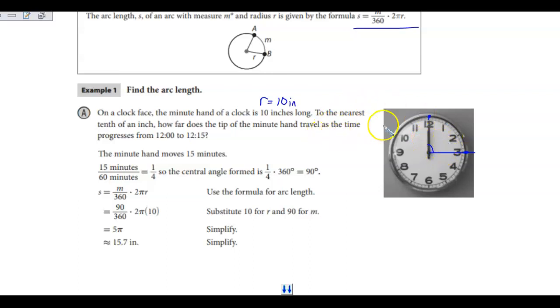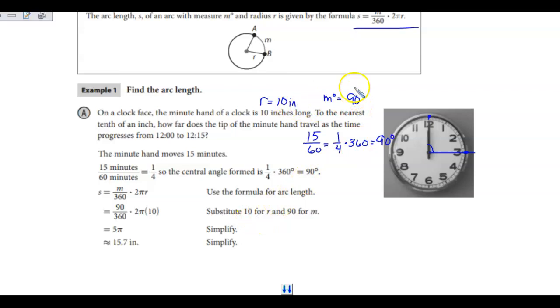If I go from 12 to 12:15, it's 15 minutes. If it goes all the way around, it's 60 minutes. So I'm going to take my 15 over 60, and I can simplify that to 1/4. Now 1/4 of 360 going all the way around is 90 degrees. So that is our measure of the central angle.